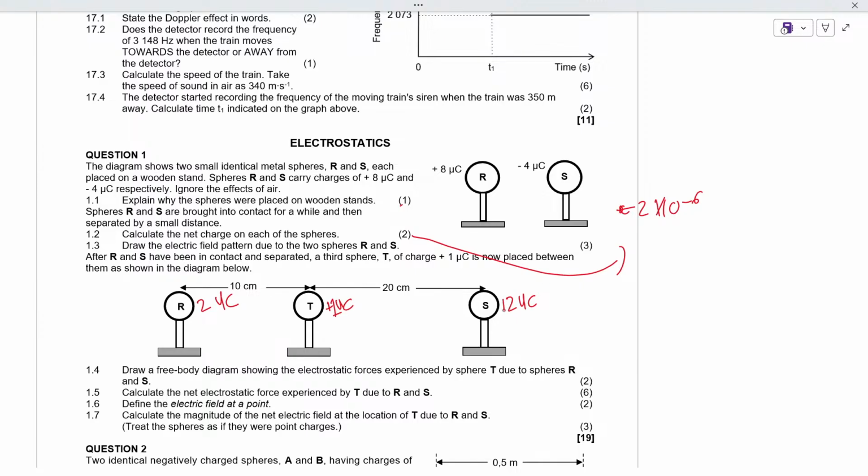All of these are positive, meaning that all of them are repelling one another. So that's an important thing to note.